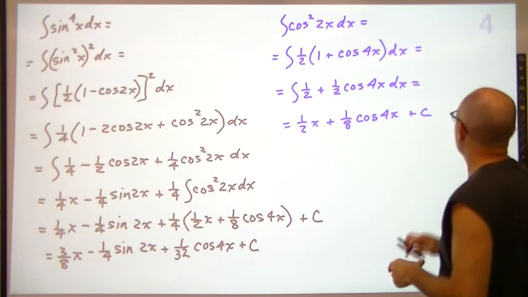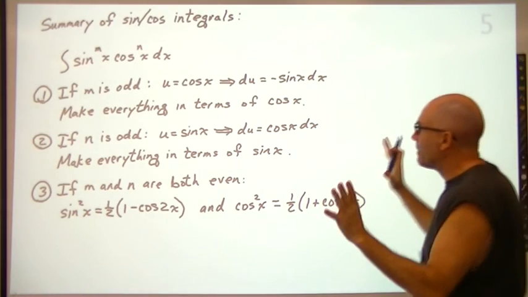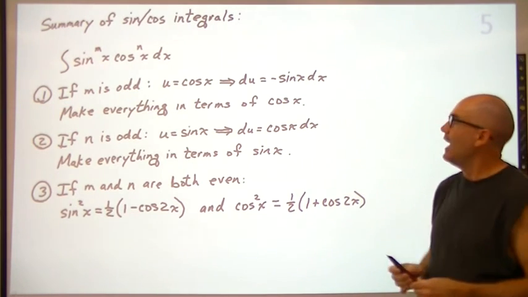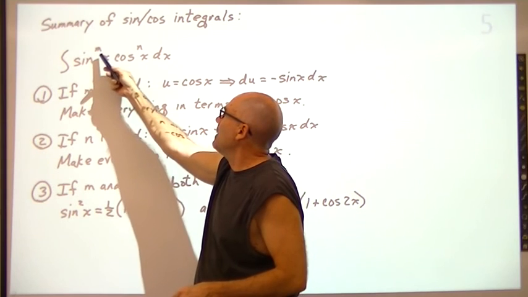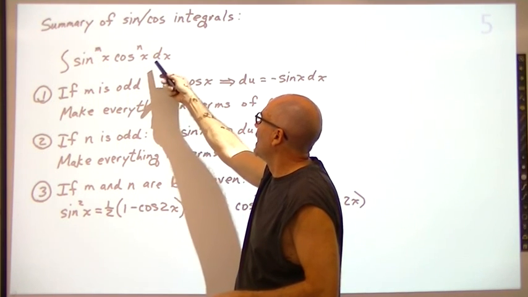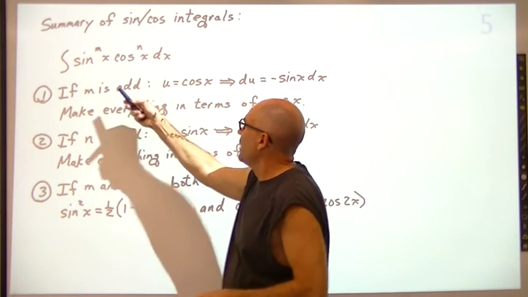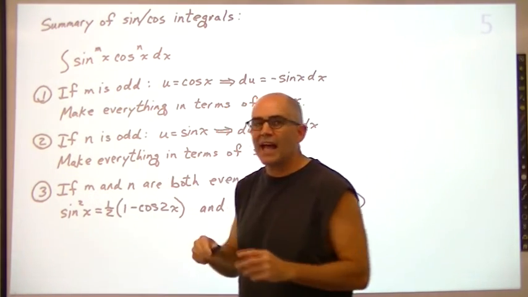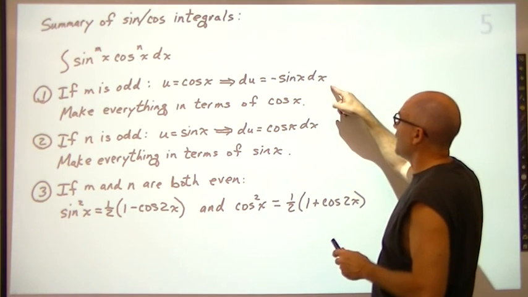All right, so let's recap the action. If I have the integral of sine mx times cosine nx dx, if m is odd, that means I have an extra sine floating around, so I can have a sine x dx.